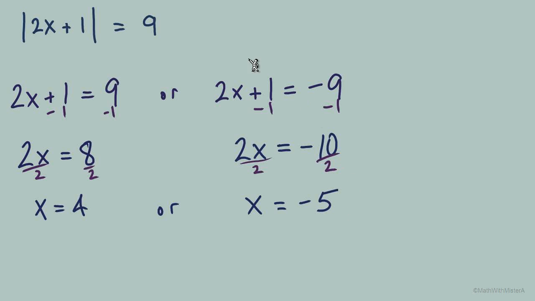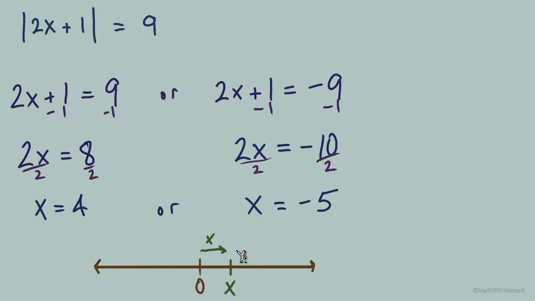Now let's talk about how the idea of distance from 0 fits into this problem. Well, in the absolute value expression, it's 2x plus 1. So on a number line, where would that first number x be? Let's assume it's a positive. So that means from 0, we've just moved to the right x units. Where's 2x?